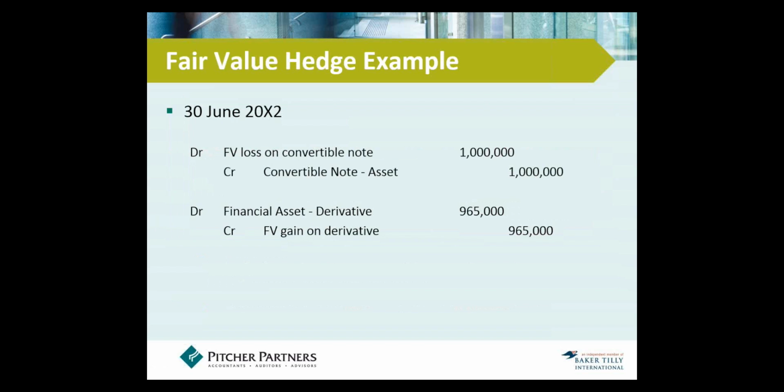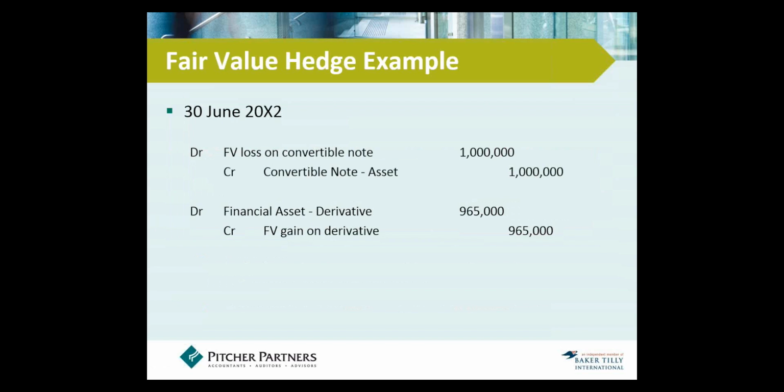So our convertible note asset, we have to credit with 1 million to get it to the fair value of 9 million. And we debit fair value loss on convertible note, which is a profit and loss account, of 1 million. So you can see here we are accounting for this financial asset, although it's in the category loans and receivables, not at amortized cost, but at fair value. Because we've got a fair value hedge, we meet the conditions.